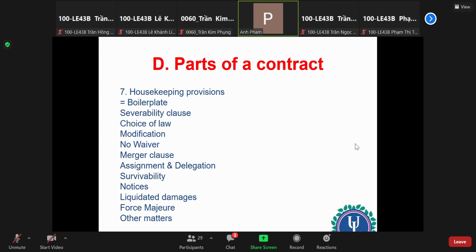Those clauses appear in almost every contract in order to ensure the rights and obligations of the two parties. You don't need to think a lot, but they are very important. So when you negotiate the contract, besides negotiating the main content, you also agree on the boilerplates.